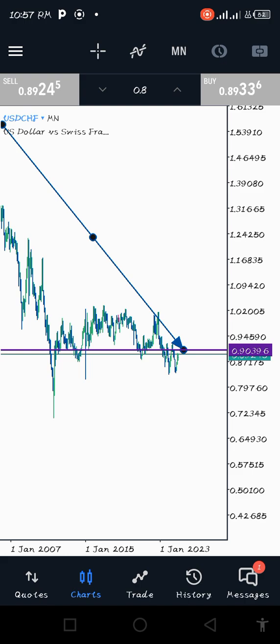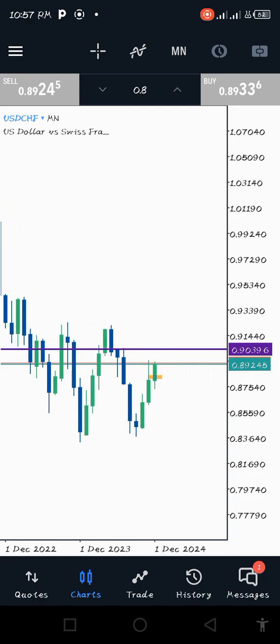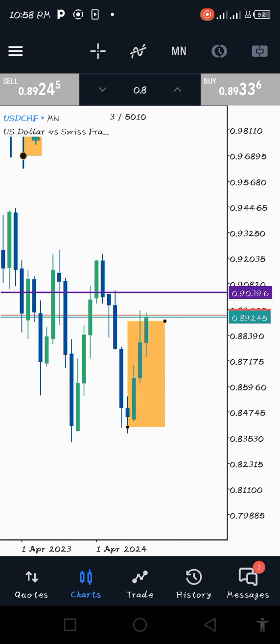But if we zoom in on the latest data on this pair and select the last 3 to 4 months, we can see that USD CHF, that is US dollar against the Swiss franc, is pushing to the upside.